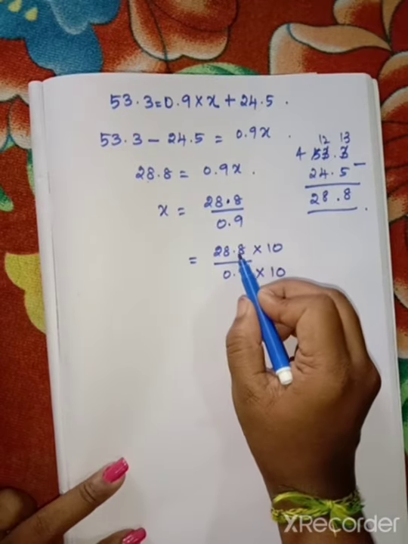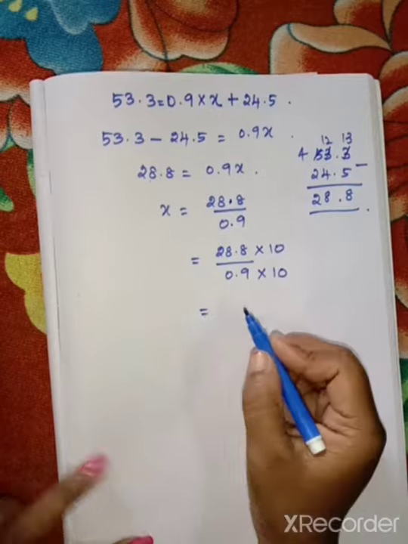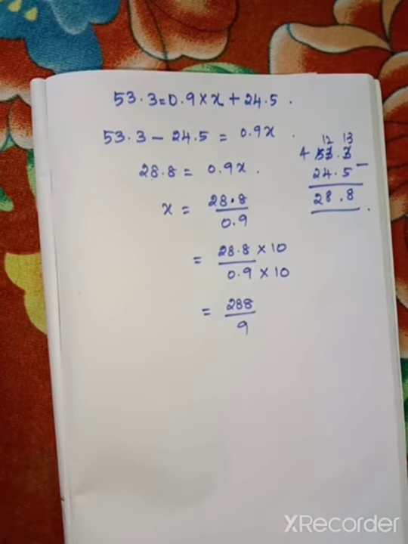So here also we have one decimal place. So move the decimal to the right-hand side, and the decimal will be cancelled. So 288 divided by 9. Now just use division to solve this.